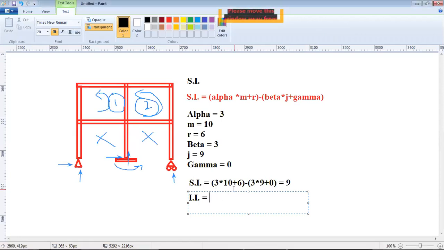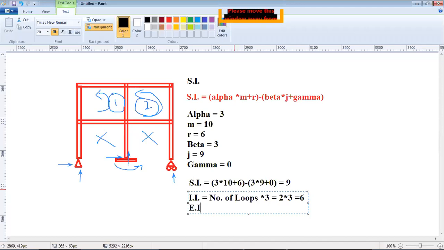Now if there are two closed loops, it will be number of loops into 3, so 2 into 3, 6. So the internal indeterminacy depends upon the number of loops, which leads to it becoming internally indeterminate.